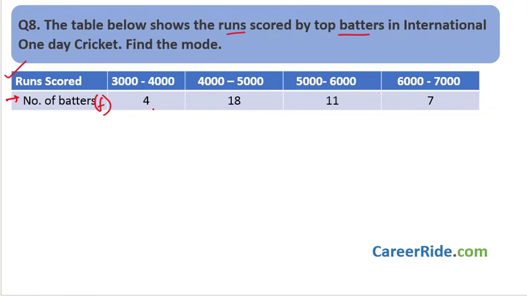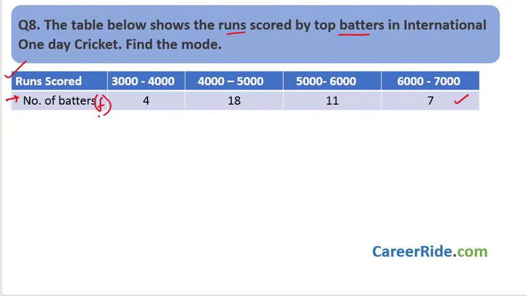There are 4 batters who have scored runs between 3000 to 4000. There are 18 batters who have scored between 4000 to 5000 runs. There are 11 batters who have scored between 5000 to 6000 runs. And there are 7 batters who have scored runs between 6000 to 7000.